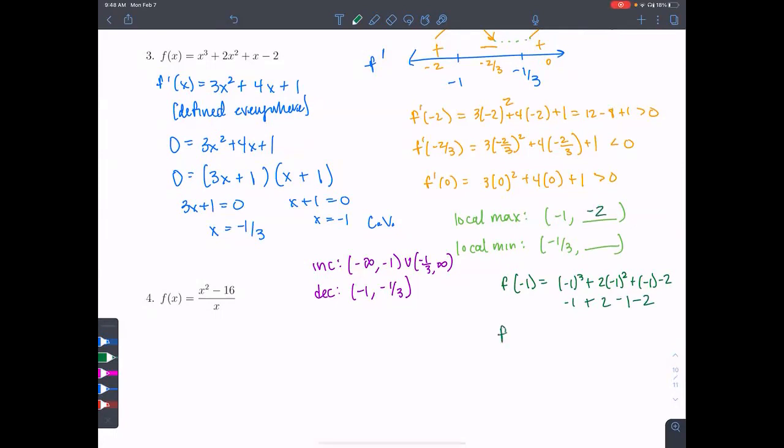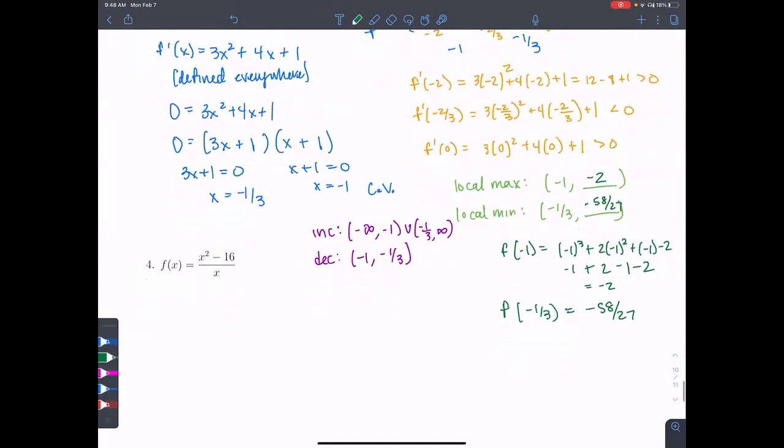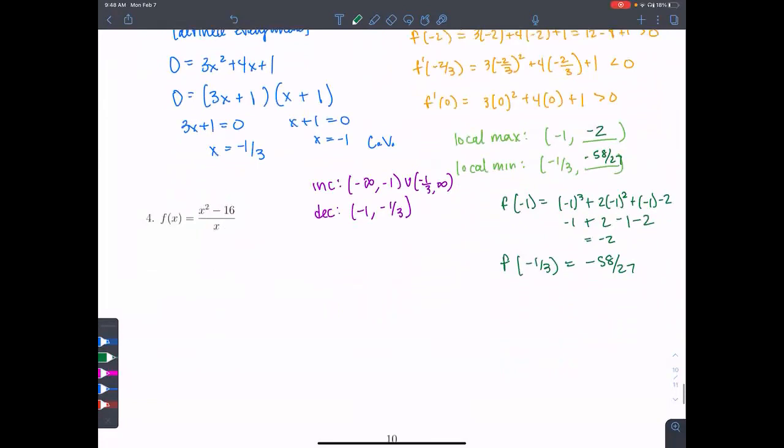And then f of -1/3. Use your calculators. -58 over 27. Okay, so there are your local max, local min, your increasing and decreasing intervals. And that's the first derivative test.